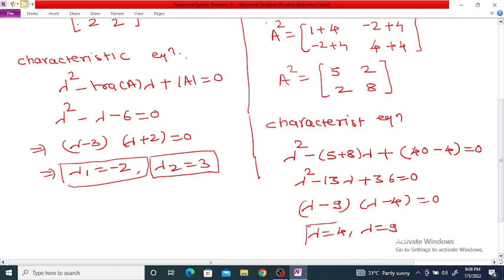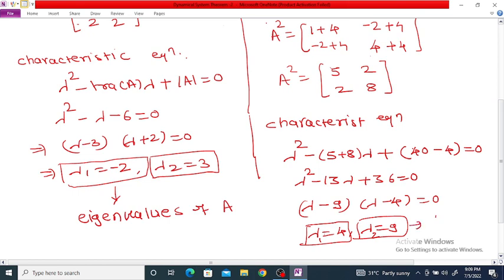So you can see here the eigenvalues of A square are lambda 1 square and lambda 2 square. These are the eigenvalues of matrix A, and these are the eigenvalues of matrix A square.